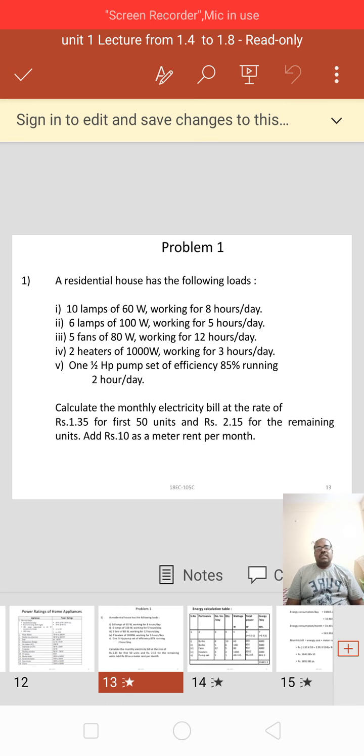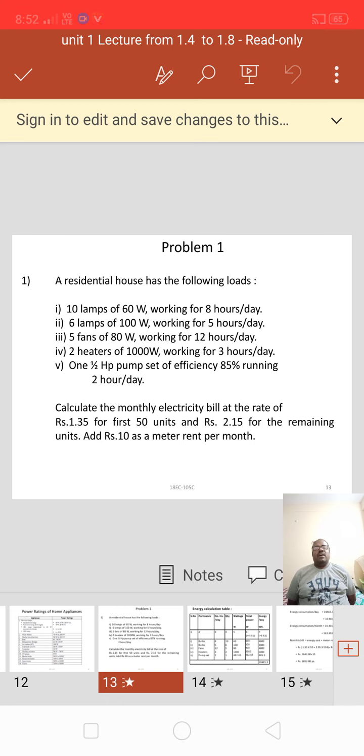Let us look at the problem again. It has 10 lamps of 60 watt working for 8 hours per day, 6 lamps of 100 watts working for 5 hours per day, 2 heaters of 1000 watts working for 3 hours per day, and 5 fans of 80 watts working for 12 hours per day.